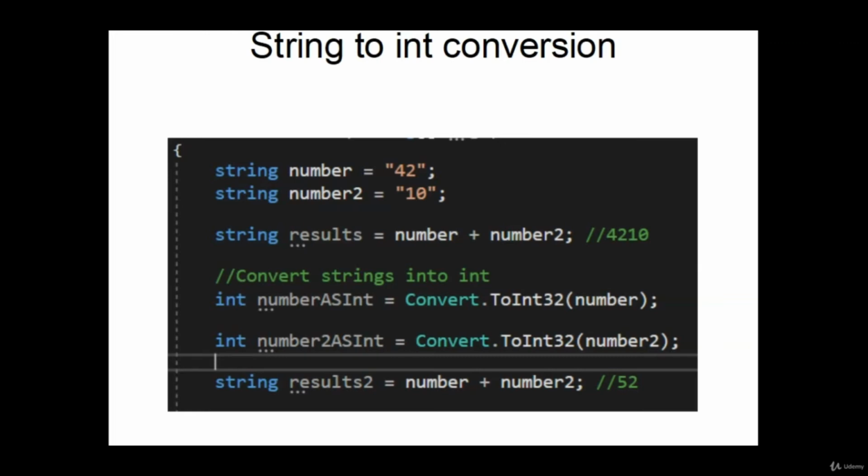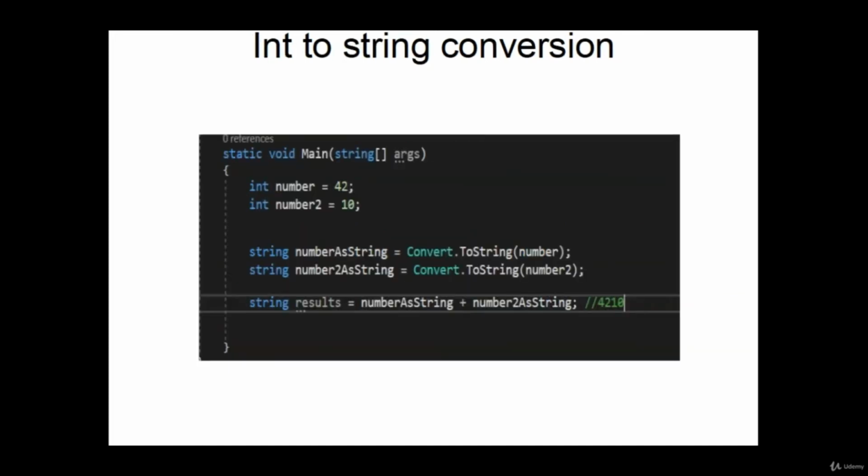But what if we needed real numbers, where we needed to perform some type of math operation? So what we want to do, if you come down to the fourth line, we use the convert to method to take number and number 2, and we convert those into integers. Number as int, and then number 2 as int. So then on the last line, as you see, we have results 2. Number plus number 2 now equals 52.